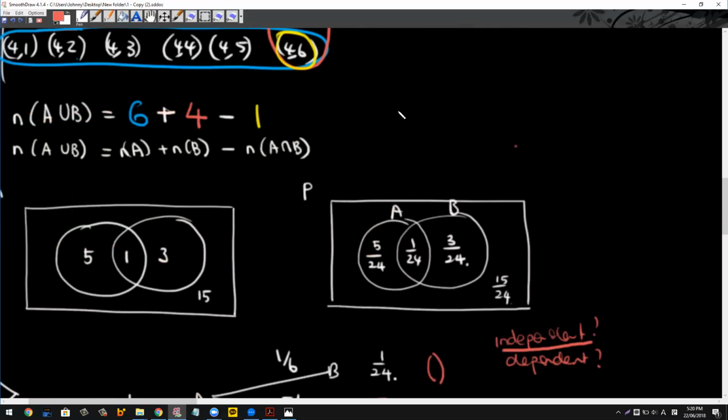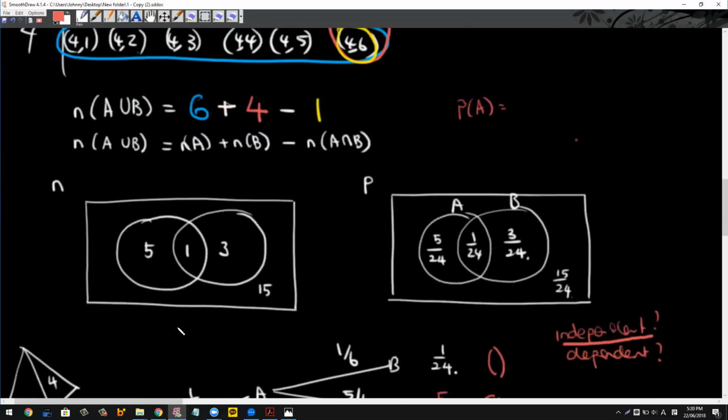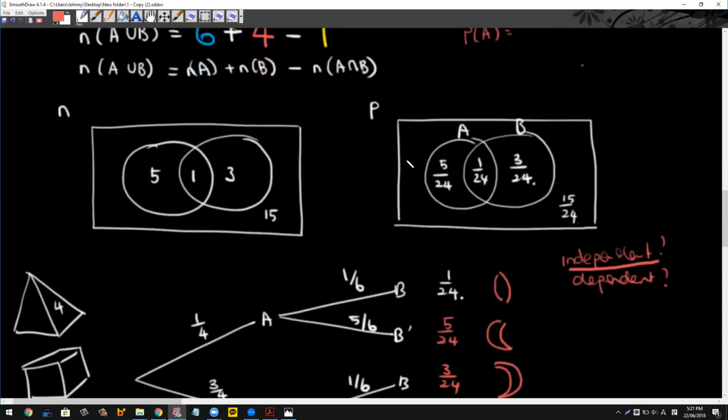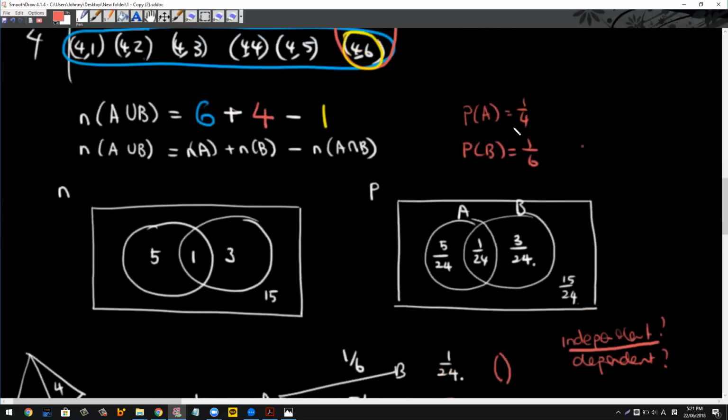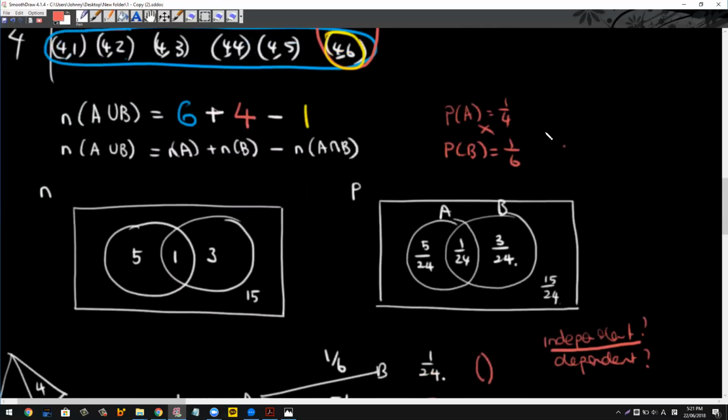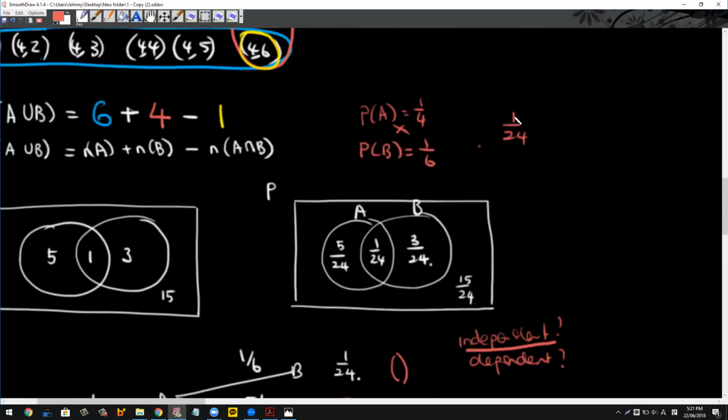So we know that definitely the probability of A is equal to, that was 1 out of 4, wasn't it? So the probability of A is 1 out of 4. And the probability of B is equal to 1 out of 6, right? So if you multiply these two, what do you get? You get 1 out of 24, true?